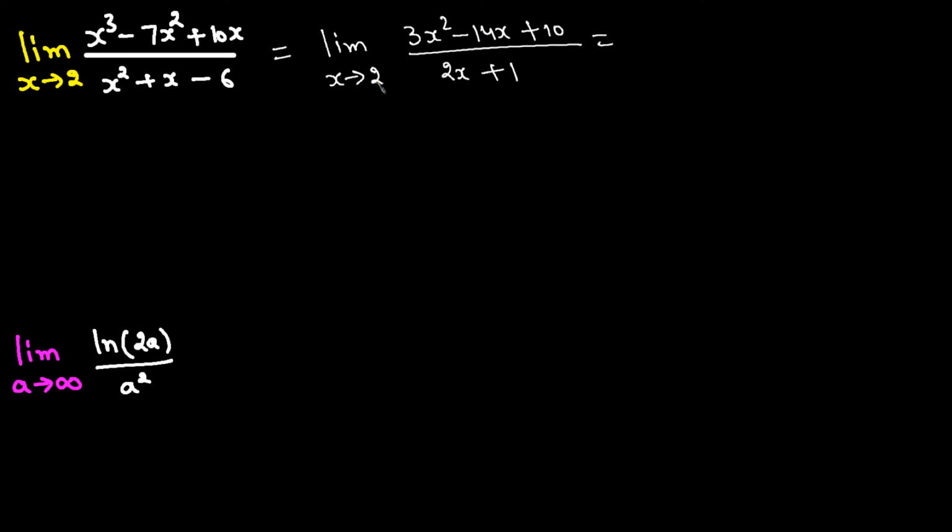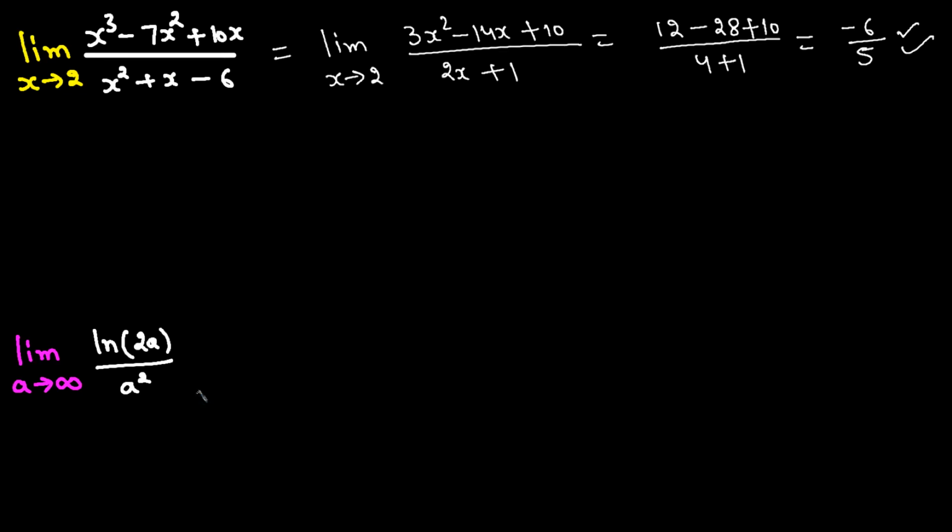That gives me 2 squared is 4, times 3 is 12, minus 14 times 2 is 28, plus 10, divided by 2 times 2 is 4, plus 1. So this is equal to negative 6 over 5. That's the answer, the limit of this function using L'Hopital's rule.